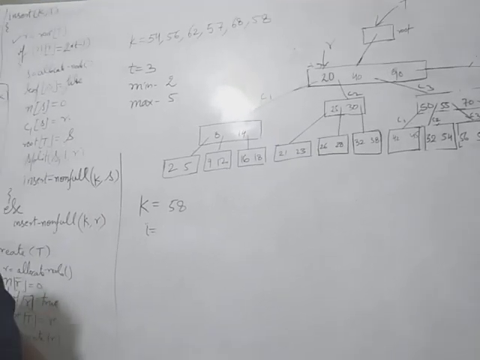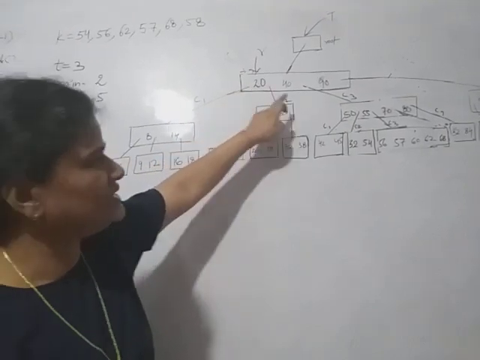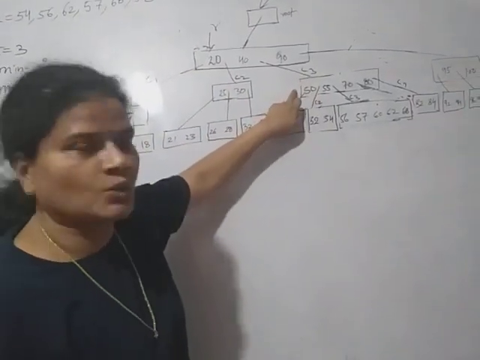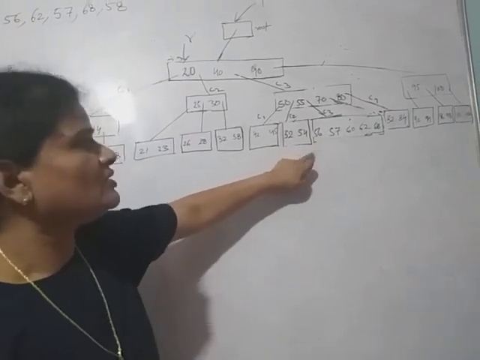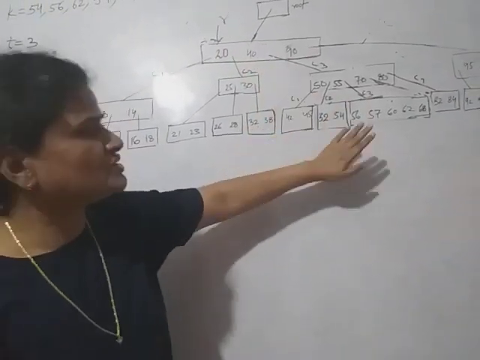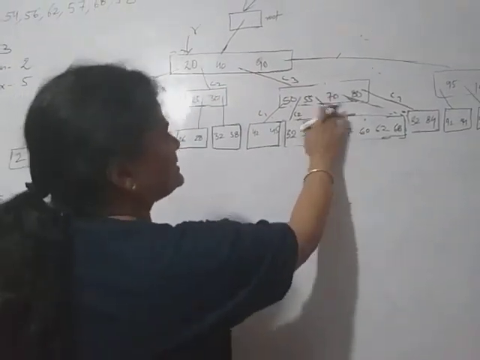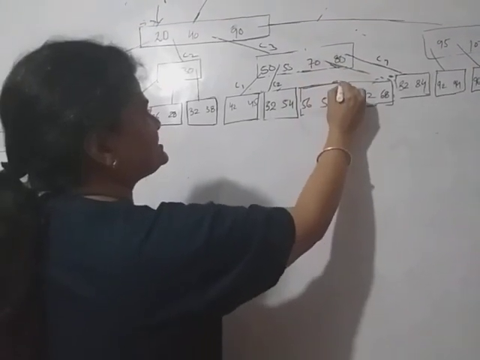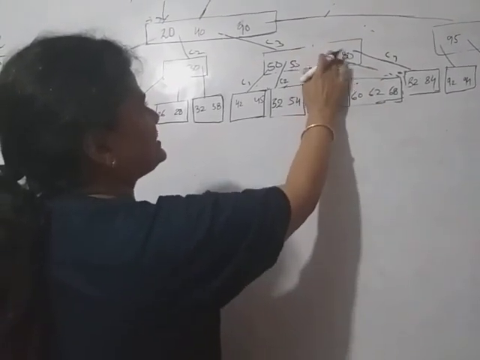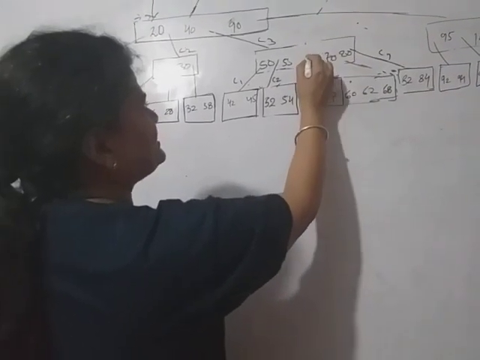When we insert 58, again it will start from here. This node is not full, this is the appropriate child. This node is not full, this is the appropriate child. But now this node is full, so 60 will be moved up. So here 57, and this is 80, 70 and 60.